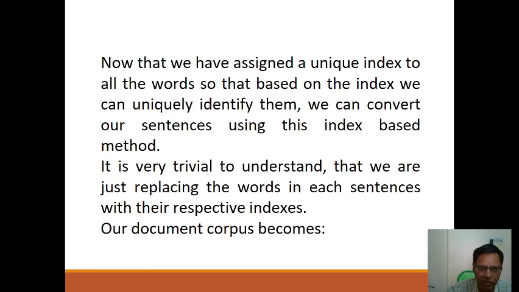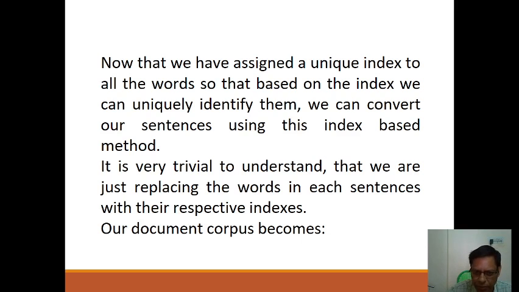Now that we have assigned a unique index to all the words, we can uniquely identify them based on the index and convert our sentences using this index based method.